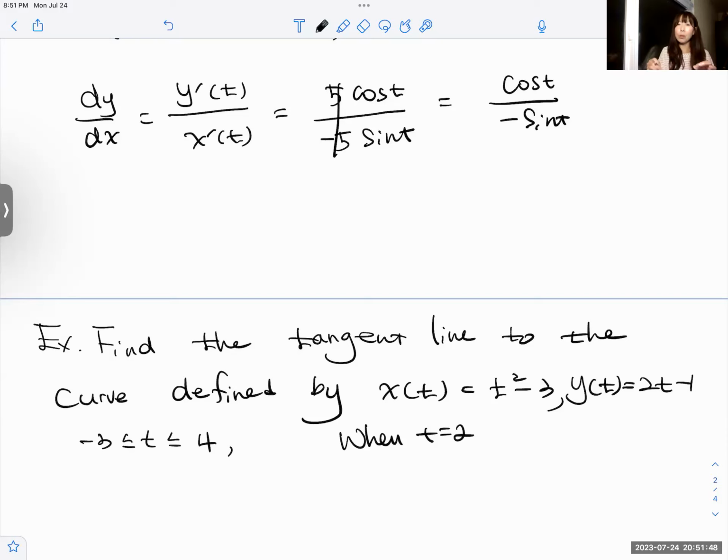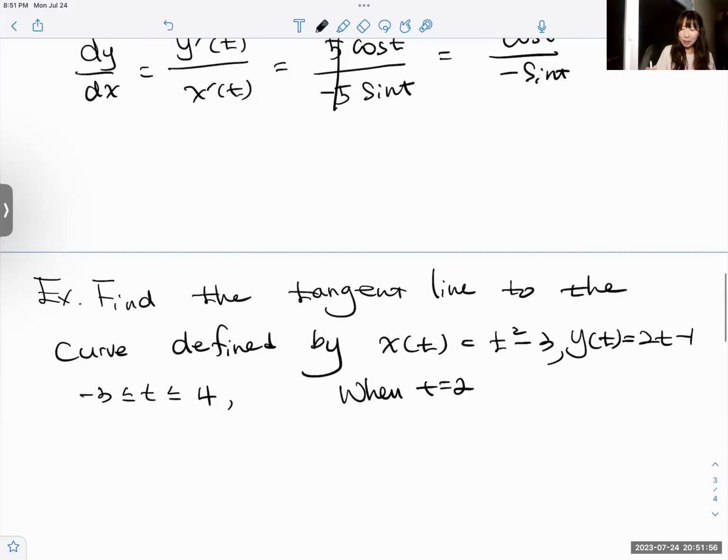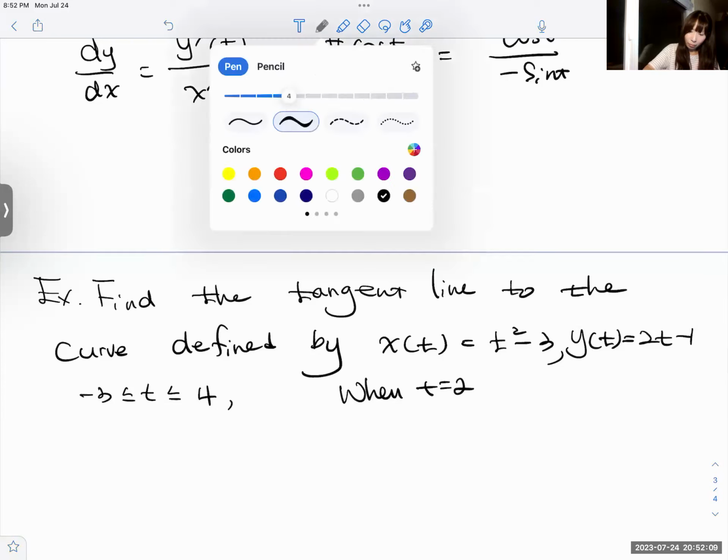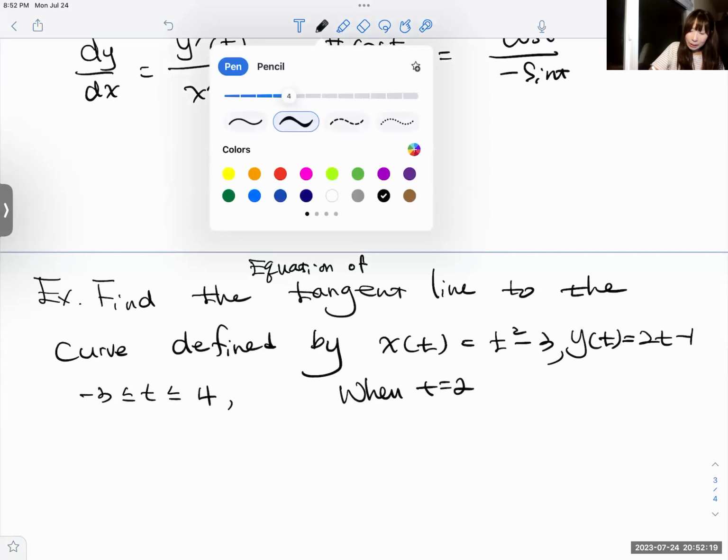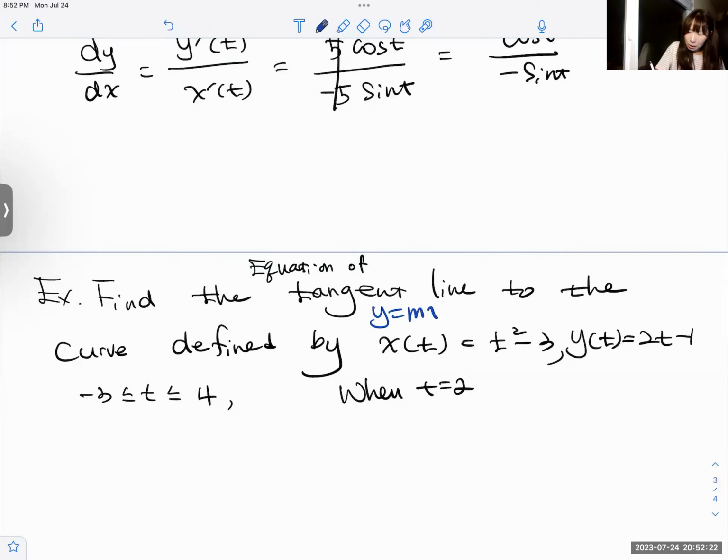So at a specific point, we want to find the slope when t equals 2. How do we express the tangent line? We want the equation of a tangent line, in y equals mx plus b form, right?